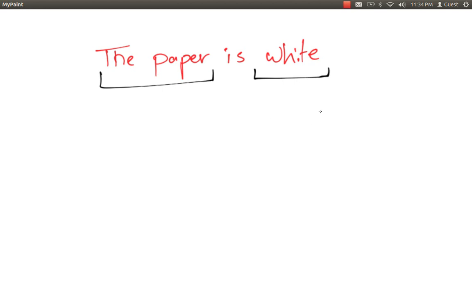The word the paper in Arabic is al-waraqa, or al-waraqatu, and the word white is abyad, but since we are using it for waraqa, it will be in the form of bayda.